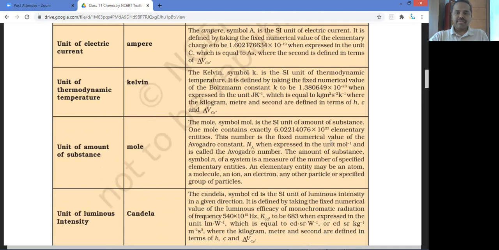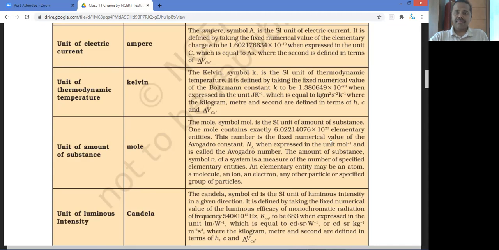Mole. 1 mole contains exactly 6.022 into 10 to the power of 23 elementary entities. During my times, we used to just memorize 6.022 into 10 to the power of 23. So now you can imagine how 1 mole of gold and 1 mole of sugar would have different masses but the same number of elementary entities.